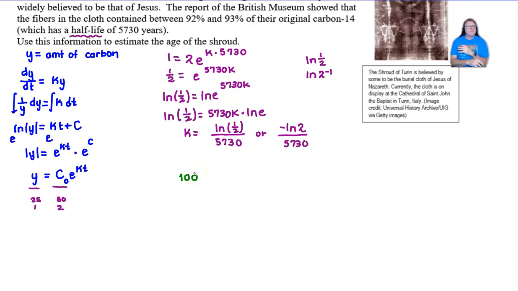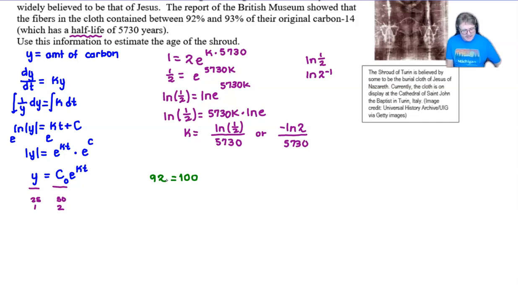Now remember, we don't know how much carbon was in it, but it's all a ratio, so it really doesn't matter. We can literally make up our own numbers as long as we have this percentage. And so if 100 was to start, 92 is what would be at the ending during this analysis that focuses on the low end. I'll show you what we're going to do at the high end here in a little bit.